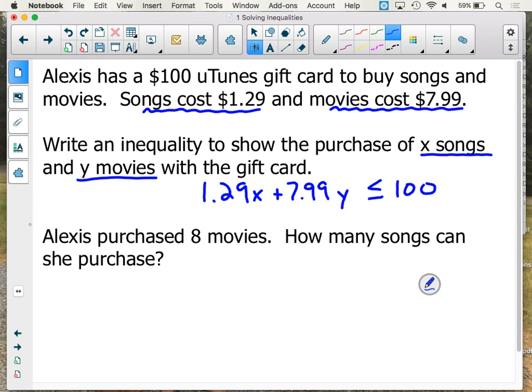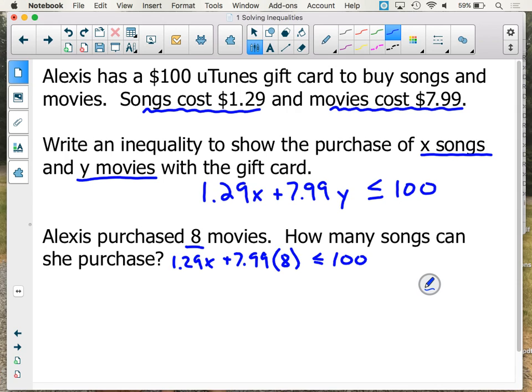So now Alexis purchased 8 movies. So can we use that to determine how many songs that she can purchase? What is her maximum number of songs she can purchase? Well, movies are the variable y. So if we substitute the y in, we get $1.29x plus $7.99 times 8, and that's less than or equal to 100.